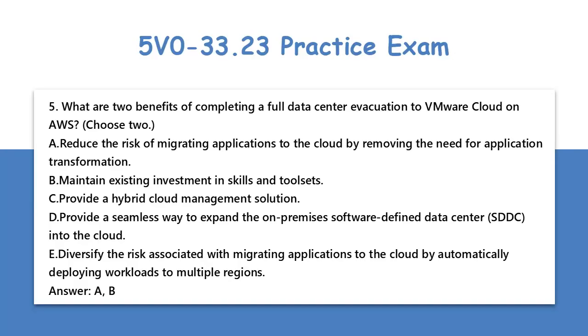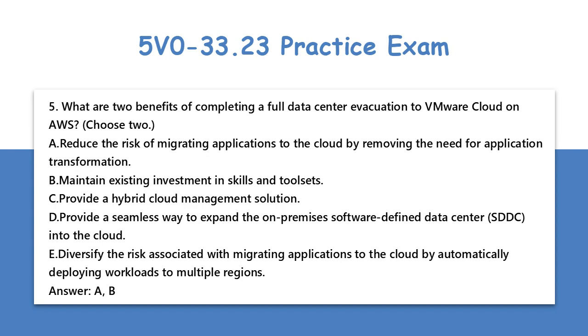5. What are two benefits of completing a full data center evacuation to VMware Cloud on AWS? Choose 2. A. Reduce the risk of migrating applications to the cloud by removing the need for application transformation. B. Maintain existing investment in skills and toolsets.